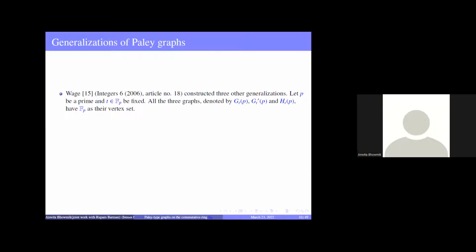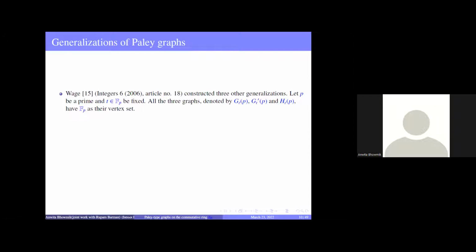The next generalization is given by Nicholas Veitch in 2006. He considered F_p, where p is a prime, and fixed some t in F_p. Then he defined three graphs. Two were defined as undirected graphs, and the third was a directed graph.